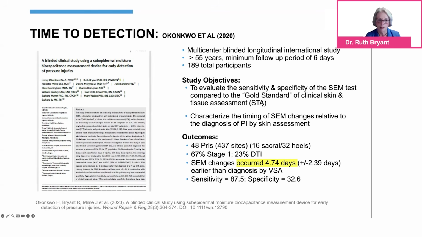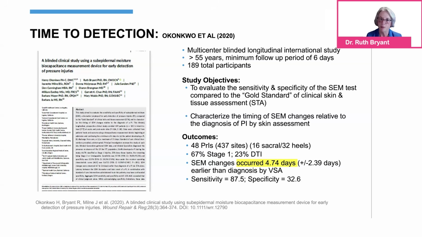So the research surrounding subepidermal moisture has focused on different issues. And one of the issues was time to detection. It was really important to determine how well this device detects pressure injuries compared to visual skin assessment.